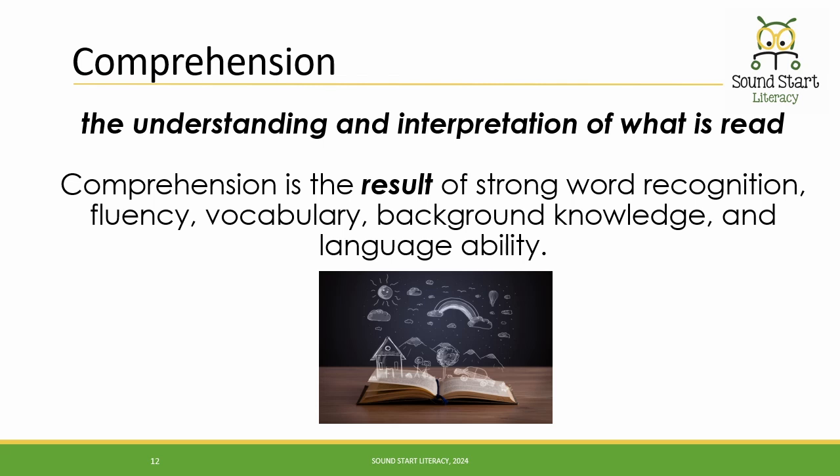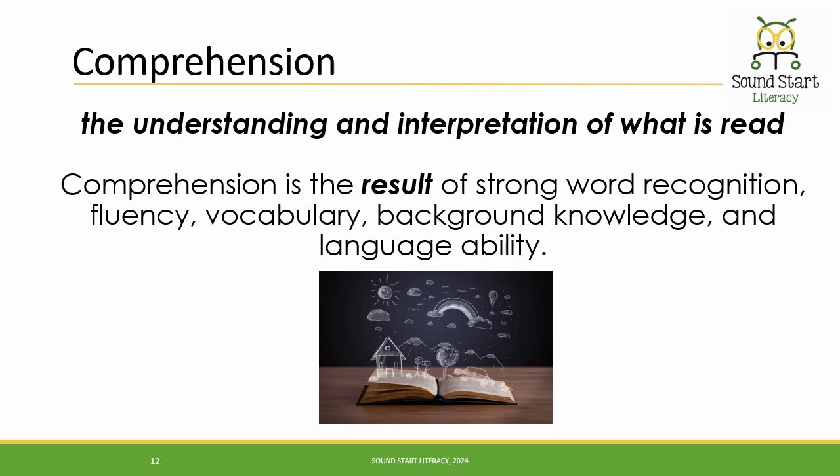So again, comprehension is not a skill in itself. It's the outcome of all the other sub-skills that were identified by the National Reading Panel report. Now, there are some strategies we can use to support students' comprehension, and those are some things we will discuss later on in the videos. But all of these pieces are important. All of these strands of the rope are important in order to have the result or the outcome of strong reading comprehension.